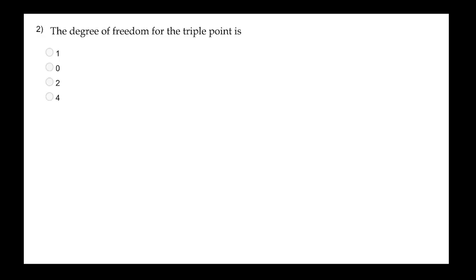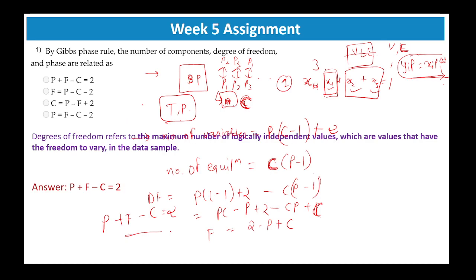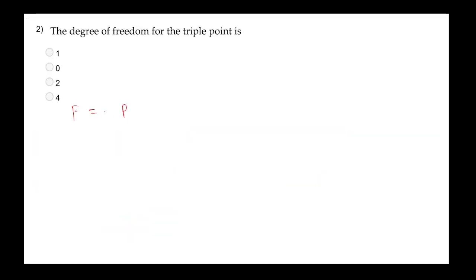Moving forward to the next question. It is asking: the degree of freedom for the triple point is? So what is the formula for degree of freedom? F equals 2 minus number of phases plus number of components. Okay.